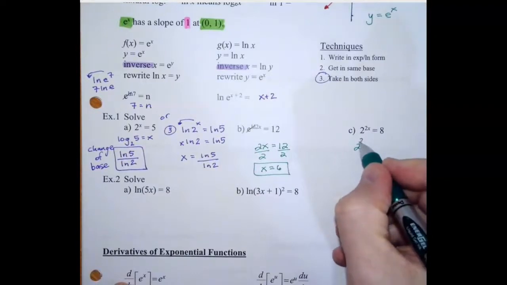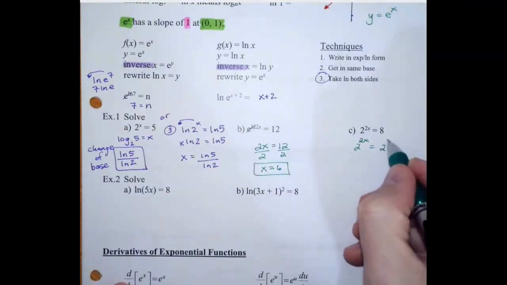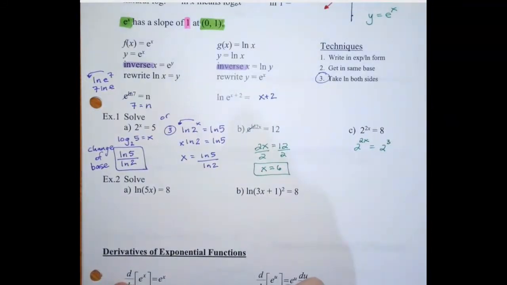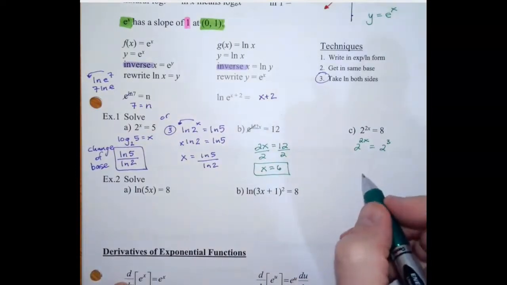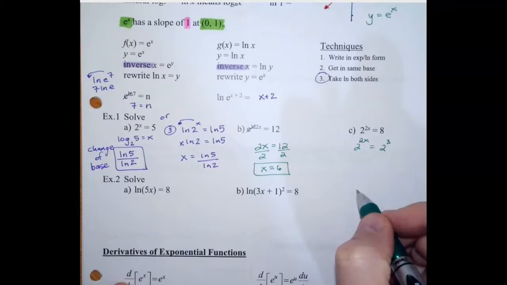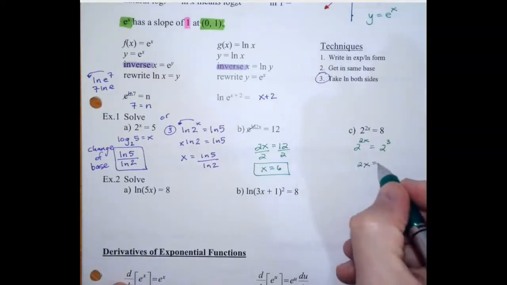Okay, so here, hopefully you notice powers of 2, so that's 2 cubed, and so that's the same base situation. Okay. Now at this point, there's several ways to look at this, but one is just to set the exponents equal to each other.